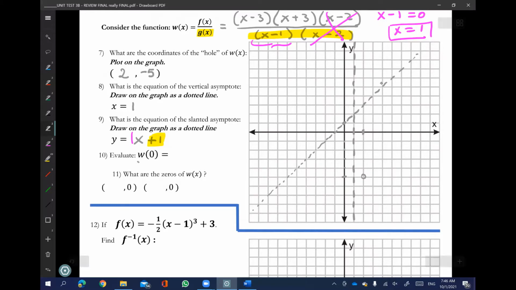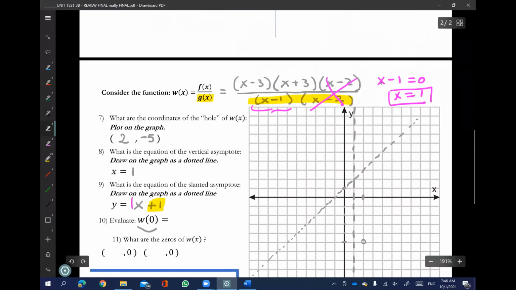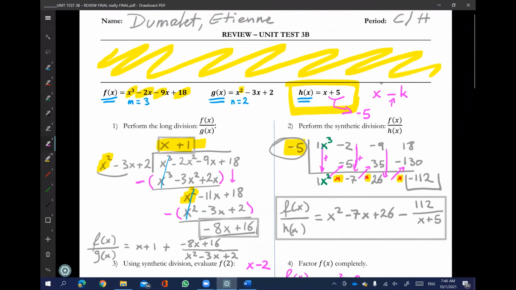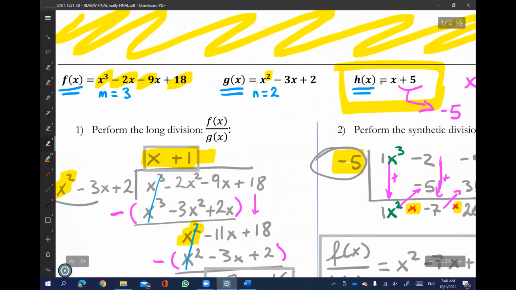First, you're going to evaluate w of 0. And the easiest way to do that is to use not the factored forms of the denominator and numerator, f of x and g of x, but to go back to the standard form of those two. Because if x equals 0, then all those terms are 0.